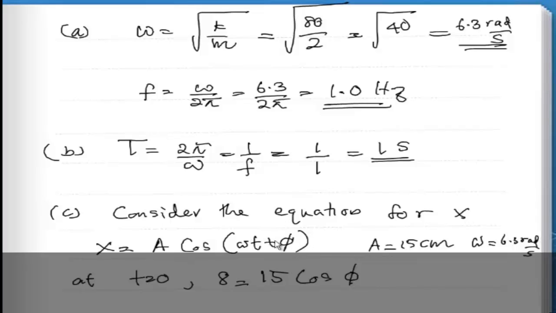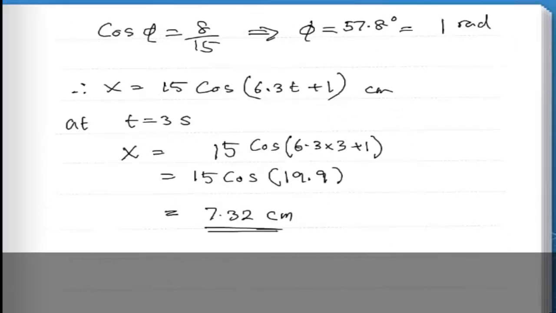So to find phi, we can use the information given in the question. It says at t equals 0, the displacement is 8. So if we use that, we can say 8 equals 15 cosine phi. So that means cosine phi equals 8 over 15. Phi equals 57.8 degrees, approximately 1 radian.